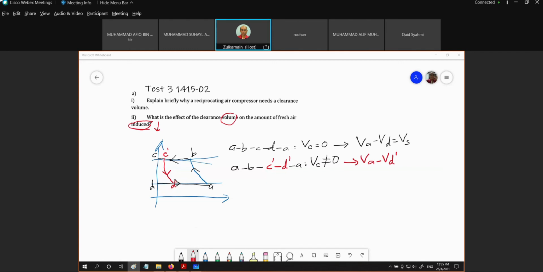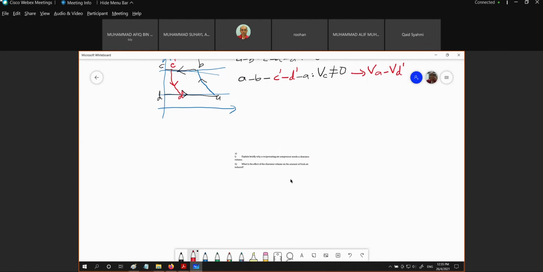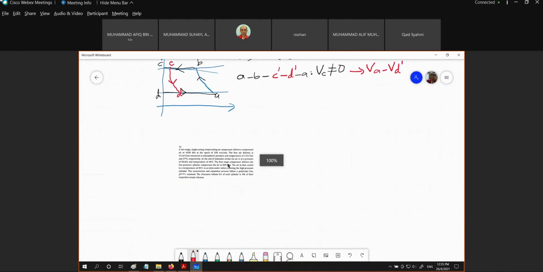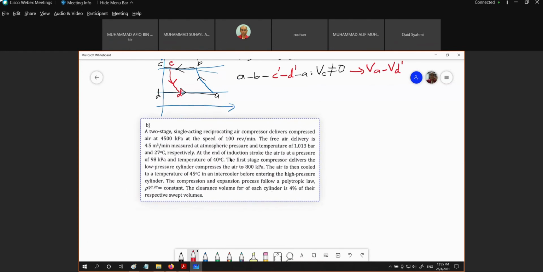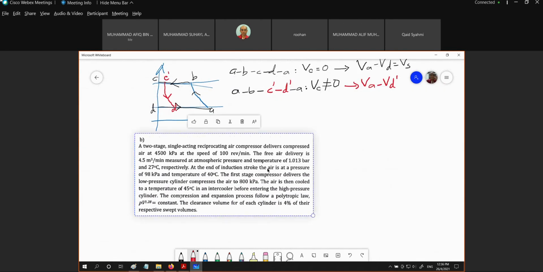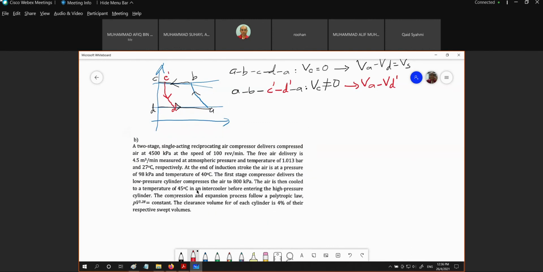We see the type of compressor that we are going to analyze: a two-stage single-acting reciprocating air compressor.